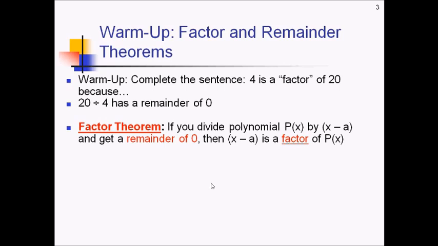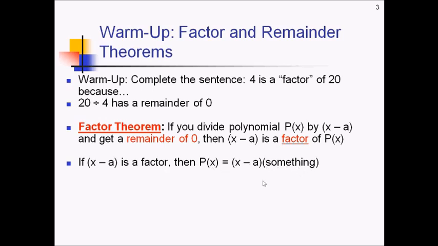Now we can take this a little bit further. If x minus a is a factor of p of x, that means that there is something you can multiply x minus a by to get the original polynomial, p of x again. If x minus a is a factor, then you can say p of x equals x minus a times something. Now here's where it gets really neat.